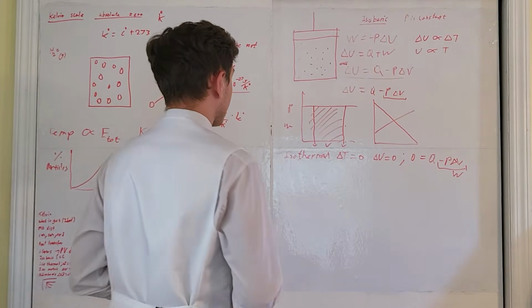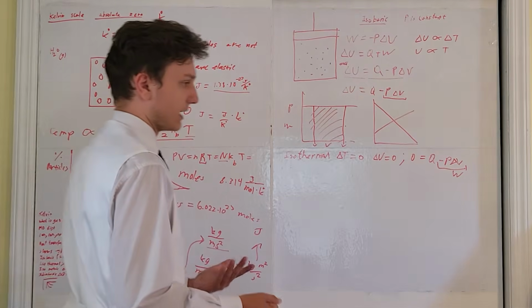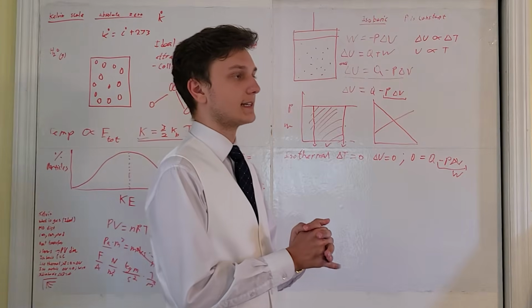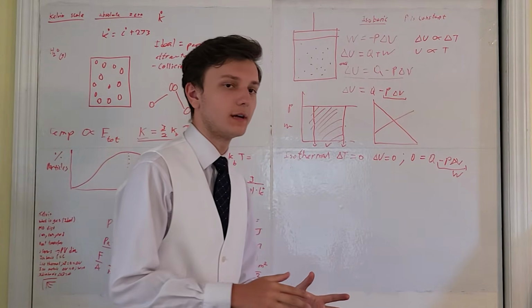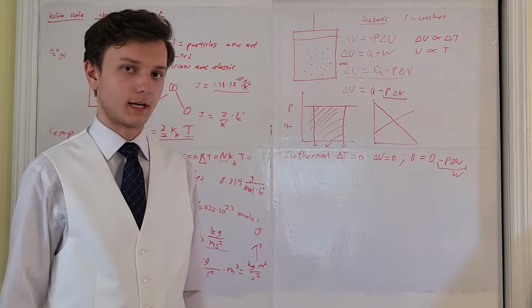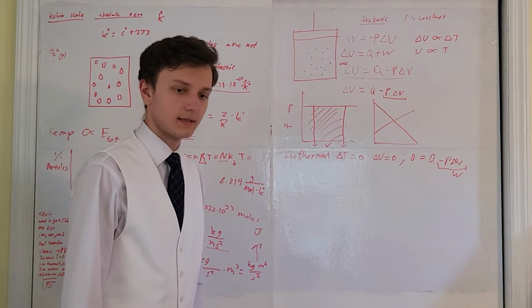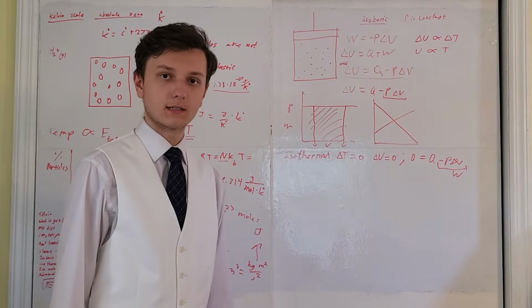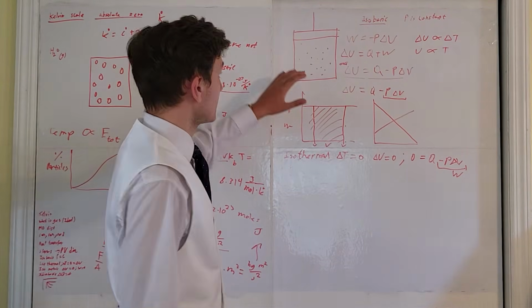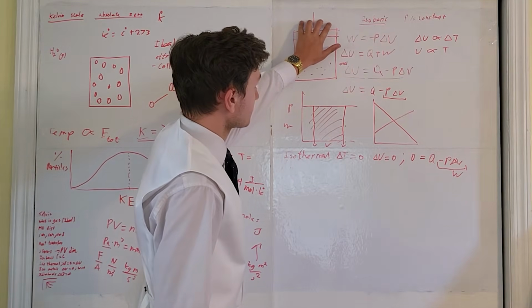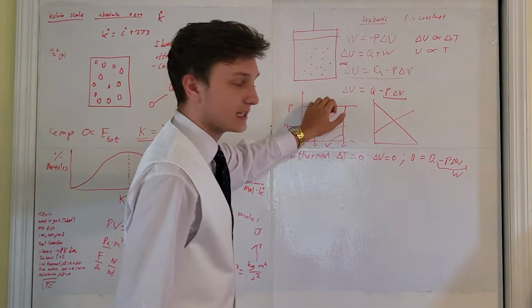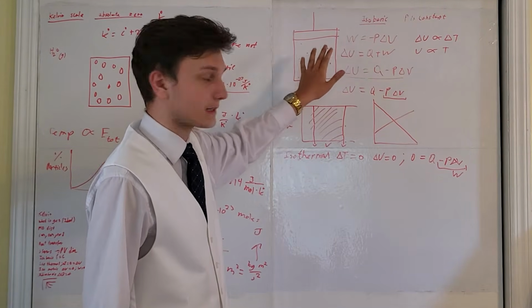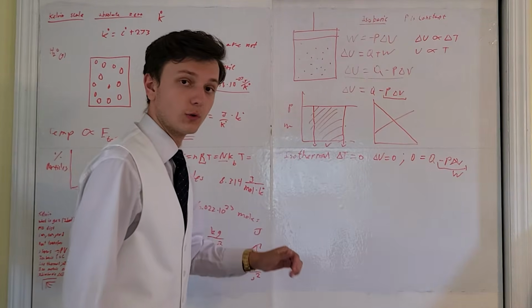The characteristics of an isothermal expansion or an isothermal compression indicate that it must happen over a very, very long period of time. Why is that? Because you need to allow enough time for the heat of the system to dissipate. For example, if I were to take my piston and force it downward really fast and compress my gas, I would be doing work on the system.